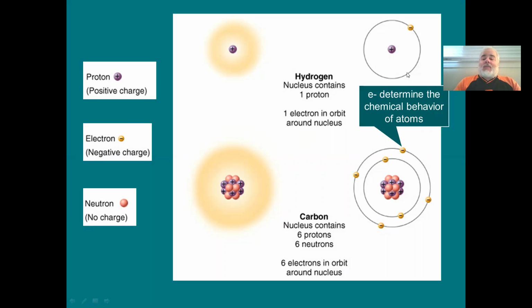It would react with something else immediately. Hydrogen gas is actually H2, 2 of these coming together and sharing 2 electrons. But the atom itself is just 1 proton, 1 electron.